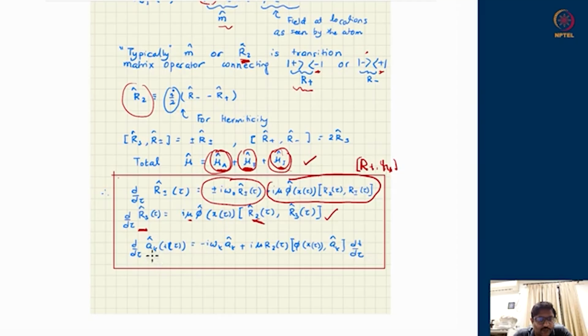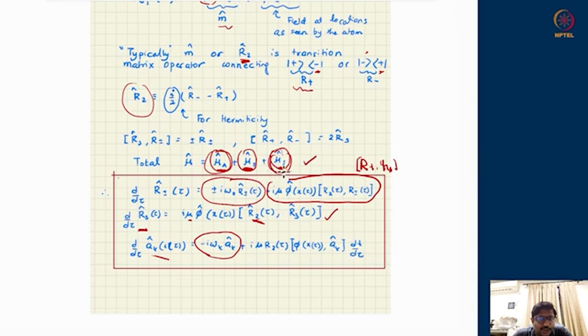Lastly, if I look for the field operator itself, its evolution, again the A operator will undergo the commutation relation with respect to all three terms. The first term does not concern the field, so the commutator will be 0. HF and A commutator gives the free field evolution. So this is the free field time evolution of the ladder operator, which we had seen previously.